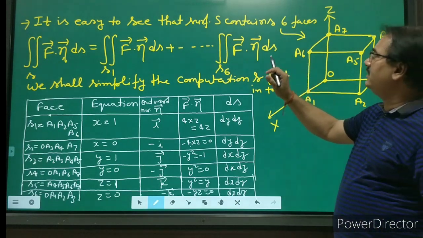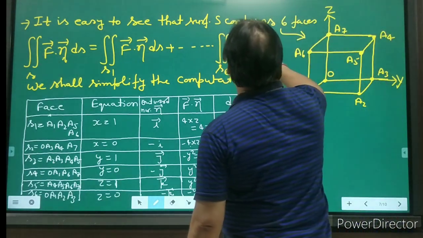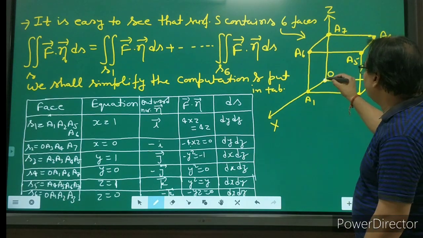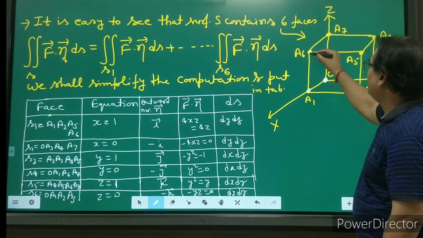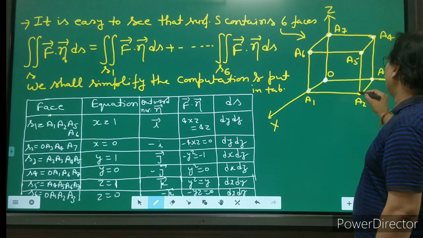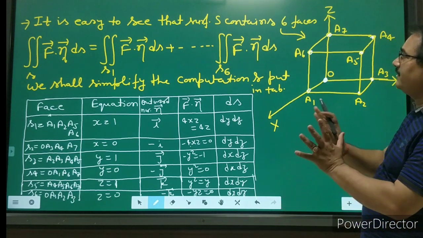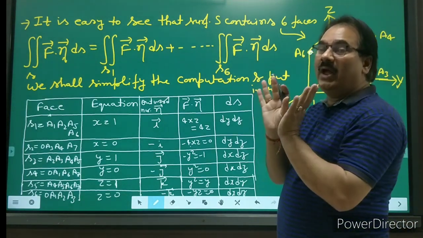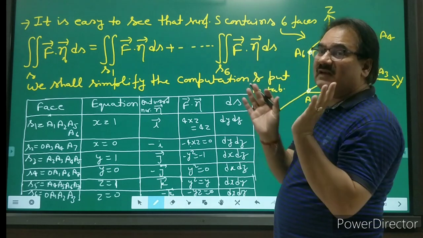Now it is easy to see that the surface S contains 6 faces. Just look at the cube. This is the cube I have drawn here, and the 6 faces are already shown. Now we have to evaluate the surface integral. The volume integral was easy, but now we have to describe all 6 faces.